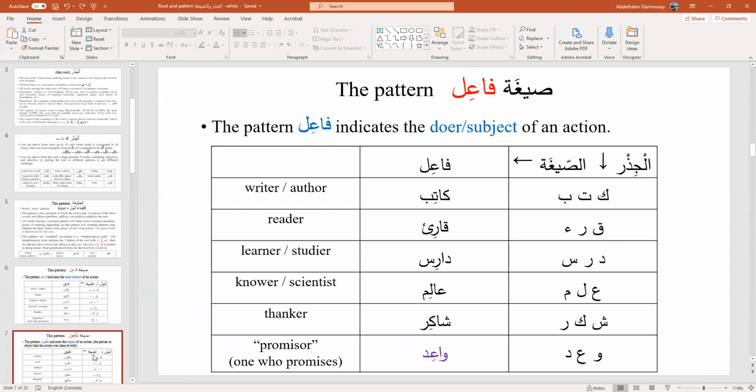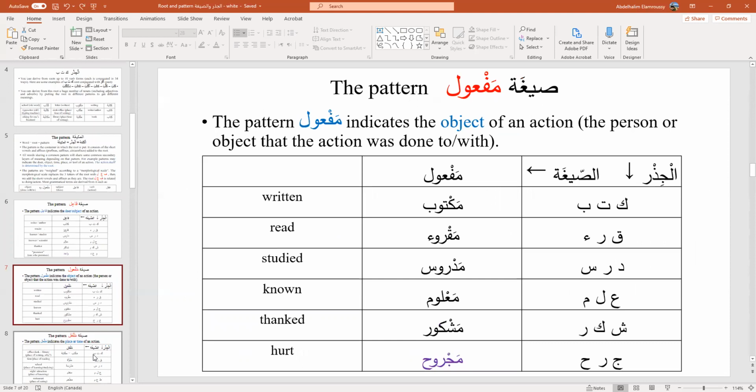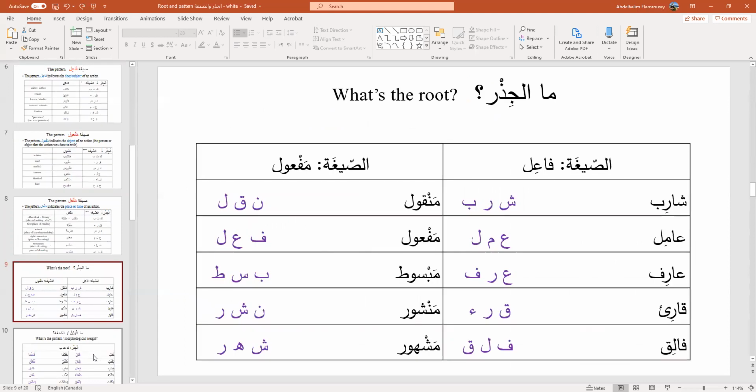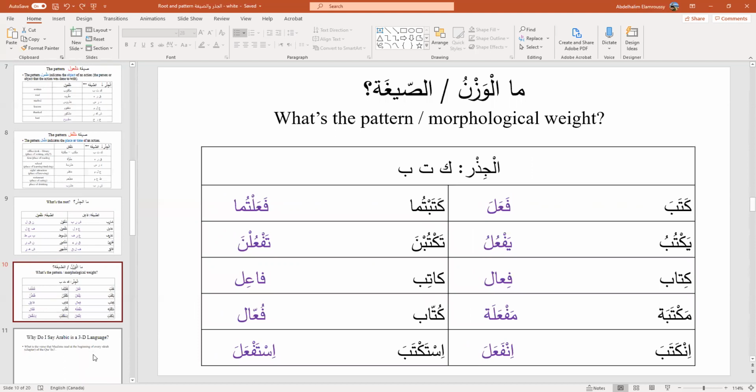The pattern maf'ul indicates the object of the action. The pattern maf'al indicates the place or time of the action. Here we had some drills to guess the root if you have the pattern, or like this one, to weigh the words morphologically to get the pattern if you have the root.